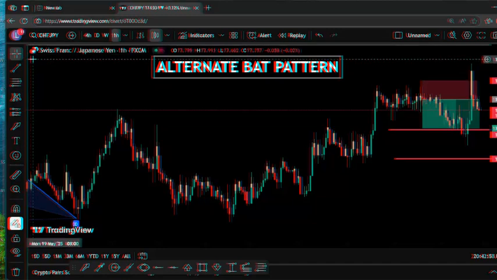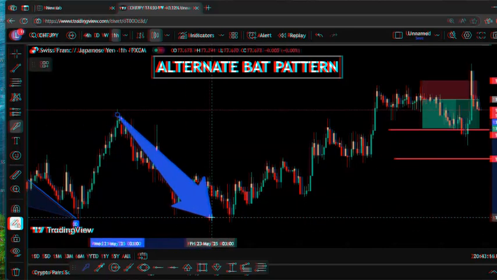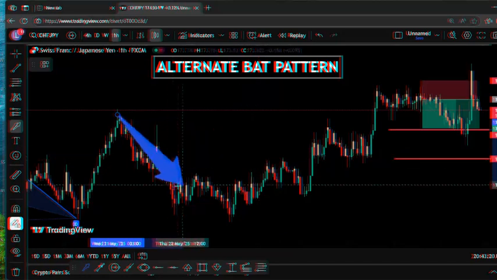So all you need to do is to identify a W shape or an M shape on your chart. All right. So when I was looking for a setup yesterday, I identified this W looking shape. Yeah. So I identified that.